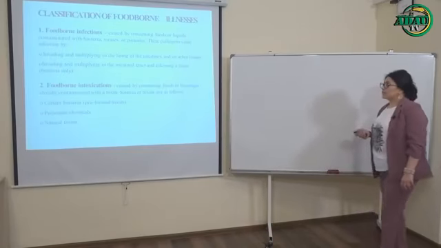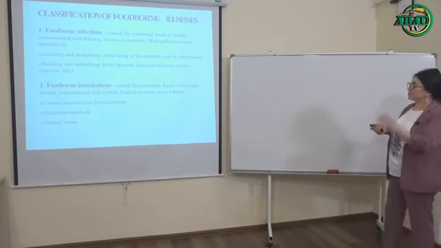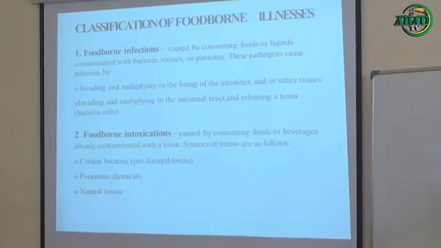Okay, classification of foodborne illnesses. Pathogens cause infection by invading and multiplying in the lining of the intestines or other tissues, invading and multiplying in the intestinal tract and releasing a toxin.